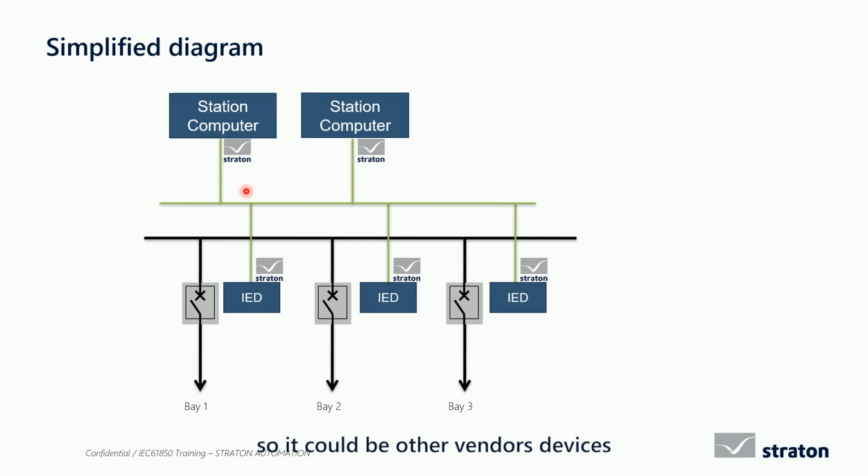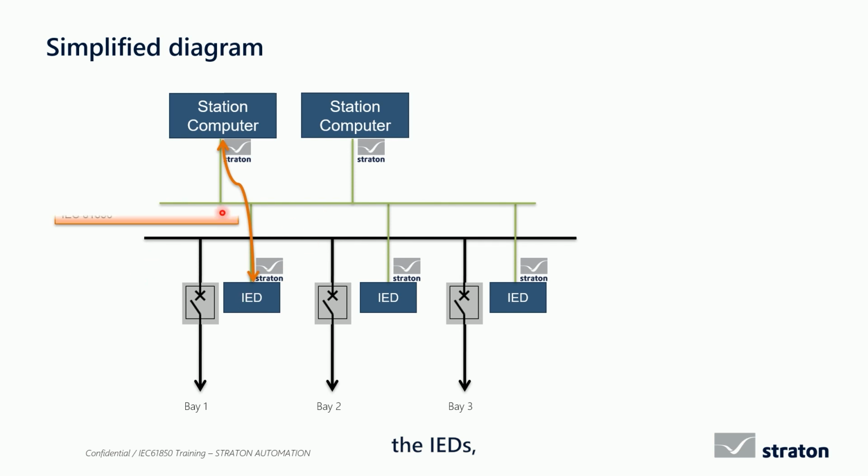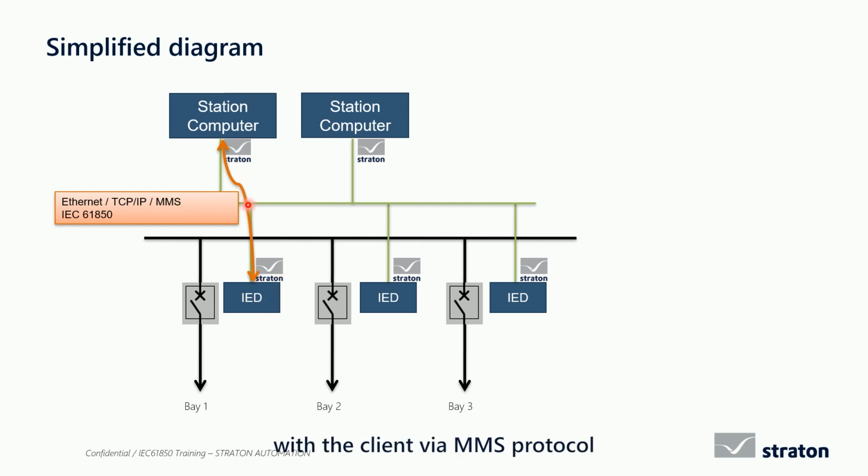But this is standard, so it could be other vendors' devices or other vendors' clients. The servers are communicating with the clients via the MMS protocol, and these same servers are communicating between each other via Goose messages, which are light Ethernet frames.